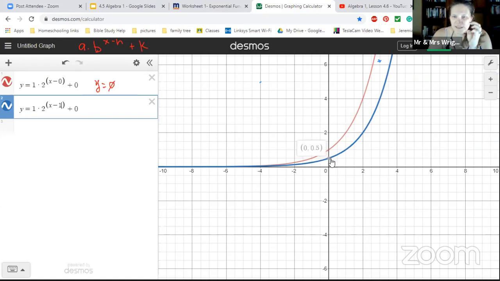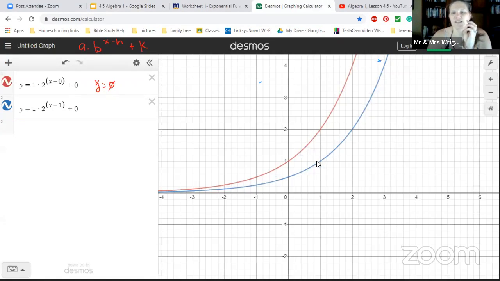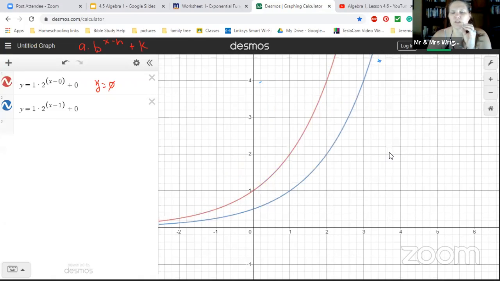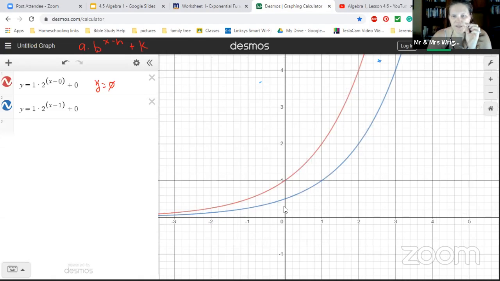So at this point, it's only a 0.5 because it moved over a complete number 1. So at the point of 1, we can see that's the vertical one and the horizontal one. This one here is a point of 0, 1, right?